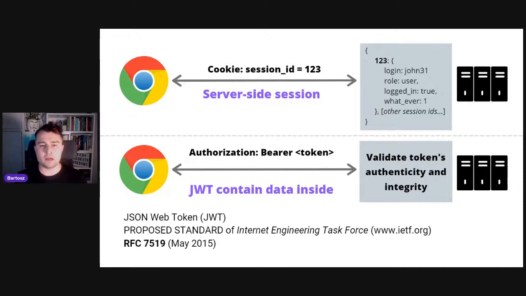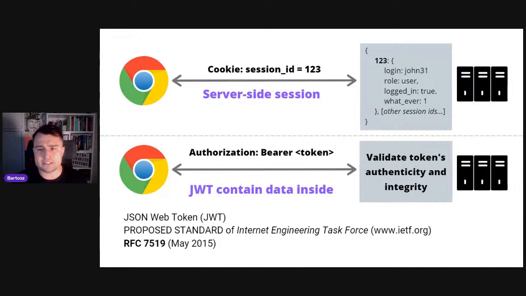This session ID must be randomly generated so that it is not possible to guess or find someone else's session ID, because inside the store that maintains the session context, we can have very critical information, like who that person is, what the role is, and maybe the fact whether that person is logged in or not.